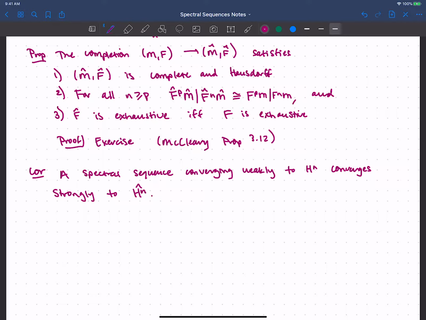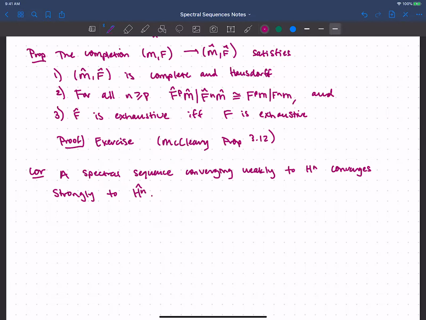And if you didn't have that, well, then complete the thing. Okay, and now you have strong convergence. You've got an exhaustive Hausdorff and complete filtration of the completion. You'll have the same filtration quotients, that same E infinity page. And now, how do you reconstruct Hn from that? Still got to solve all those extension problems, but you don't have to worry about any lim 1 terms.